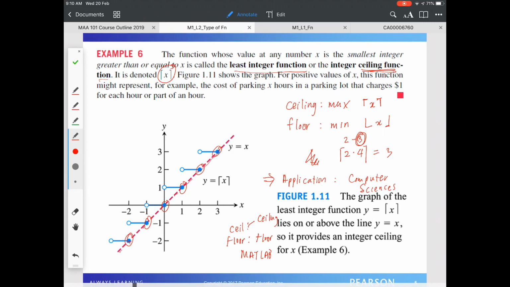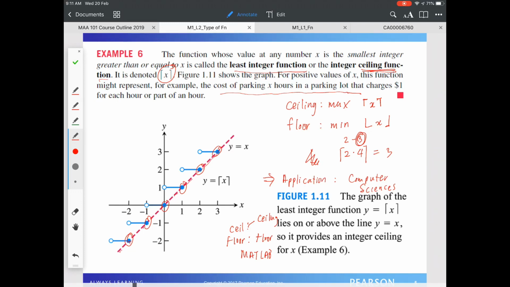Normally computer scientists program, for instance, automated machines, like at Queensbay or somewhere, where automated machines let you pay for your parking. Normally they use the ceiling function. It will charge you the cost of parking per hour at the parking lot according to the ceiling function.